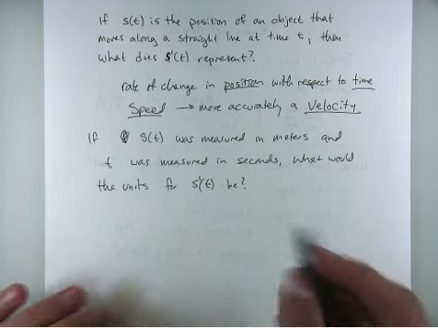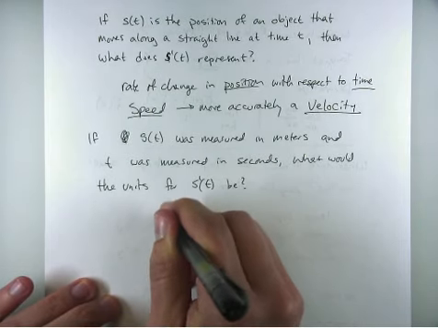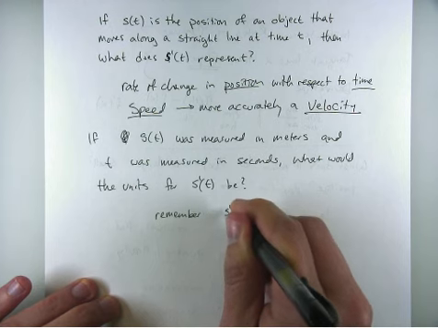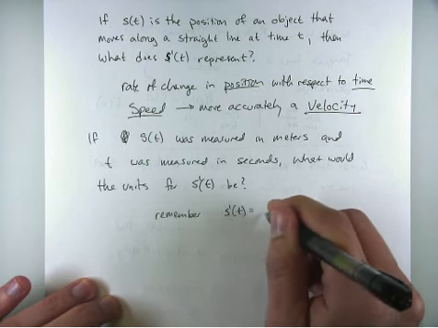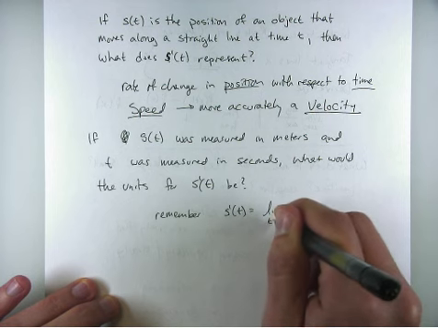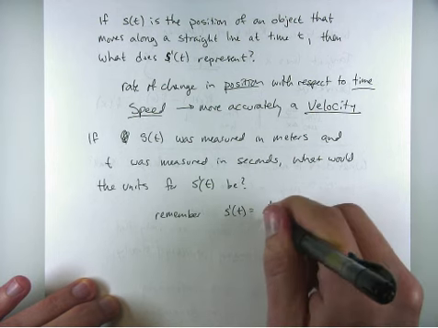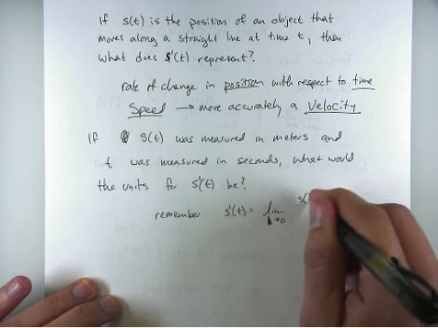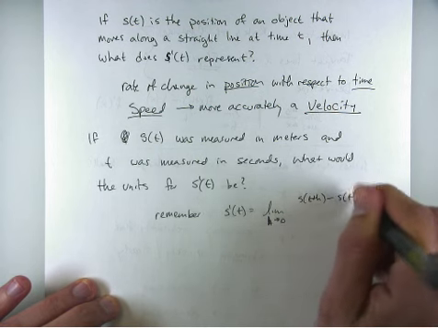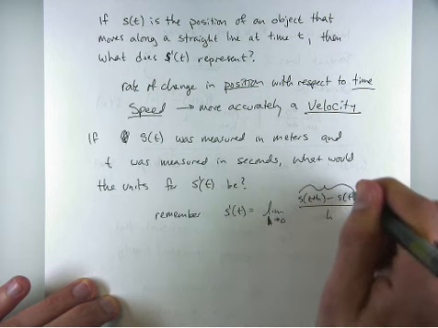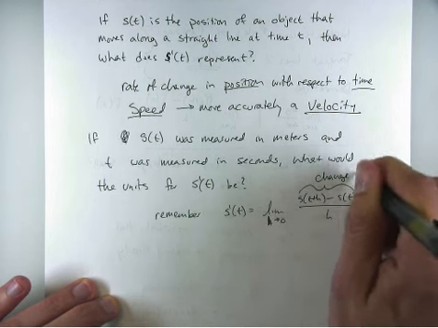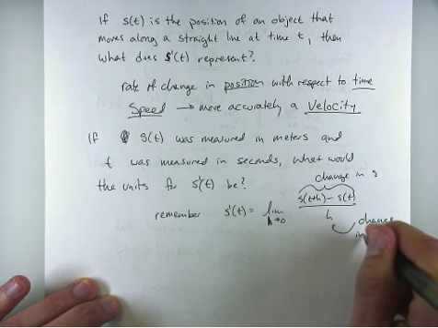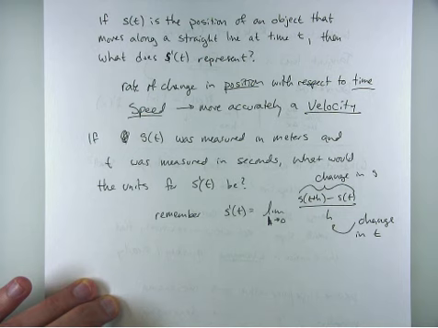Remember that S prime of t is like this limit, right? It's a limit as h approaches 0 of S of t plus h minus S of t, divided by h, right? Where this top is a change in S, and the bottom is a change in t. Okay?